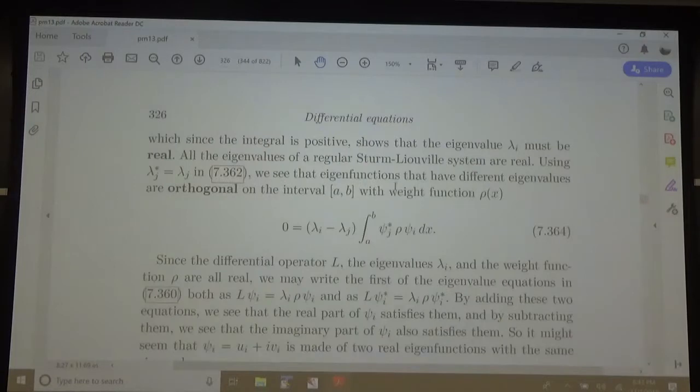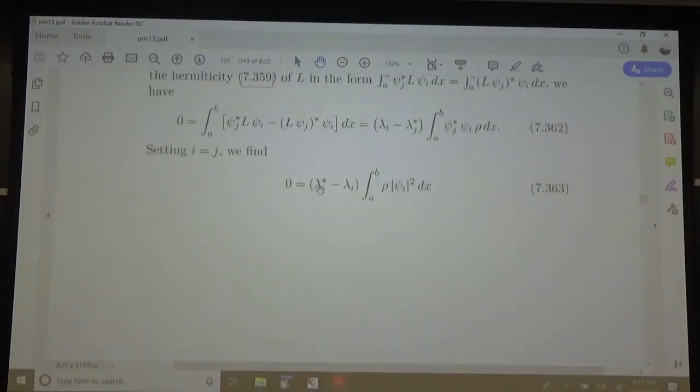So then that tells us that since the imaginary part of the eigenvalue vanishes, the eigenvalues are all real. And so this is the functional form of what we had in terms of matrix algebra in chapter 1, namely that the eigenvectors of a Hermitian operator have real eigenvalues. We saw that in chapter 1.